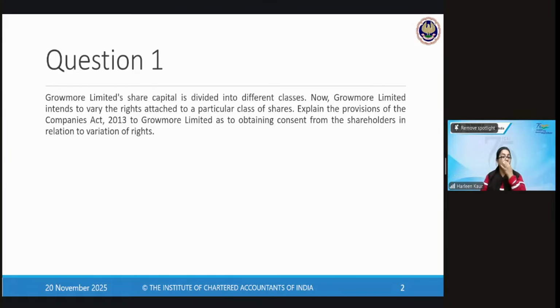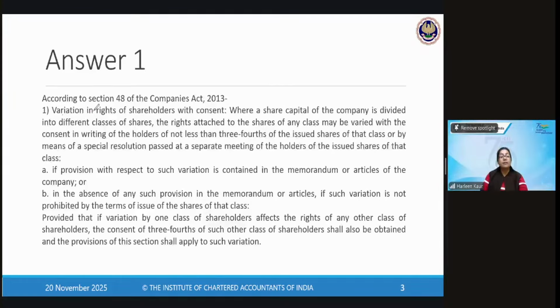Yes, consent of 3/4 of the share capital, not 'and', Ram, 'or'. I just showed you in Section 48, it is 'or'. It's not 'and'. So variation can be made. First of all, you'll tell them that yes, variation is possible only if 3/4 of the shareholders consent, by means of a special resolution passed by the general meeting of the holders of those shares.